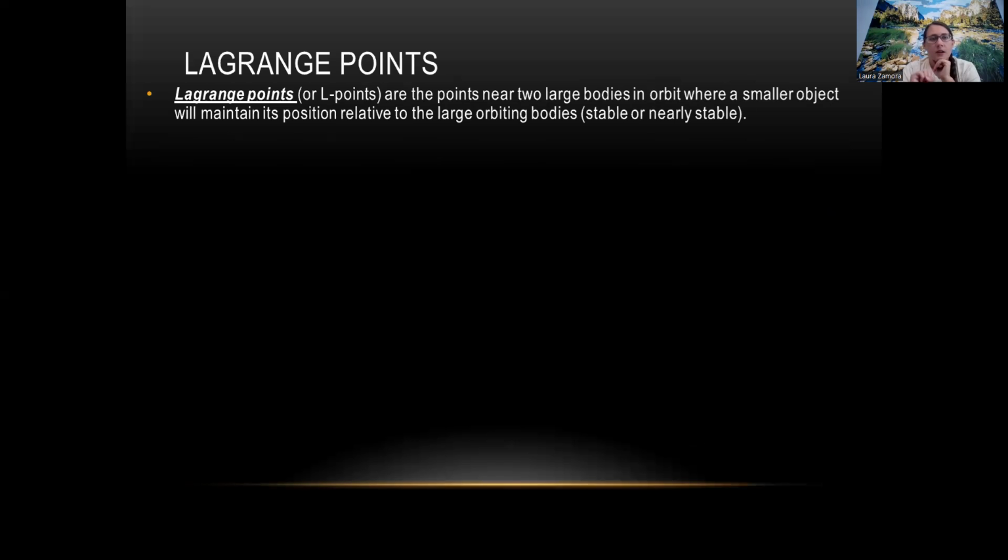Okay. So I want to talk quickly about some other related topics due to gravity and superposition of forces, and that's these Lagrange points. So Lagrange points, or L points, are points near two large bodies in orbit where a smaller object can keep its position as stable or nearly stable.